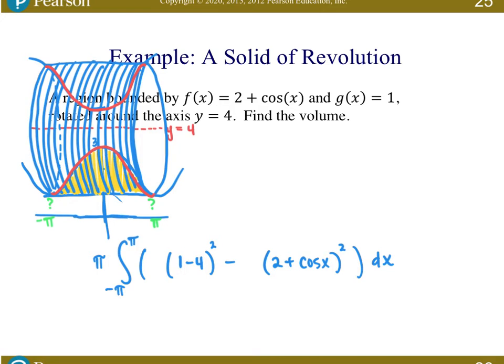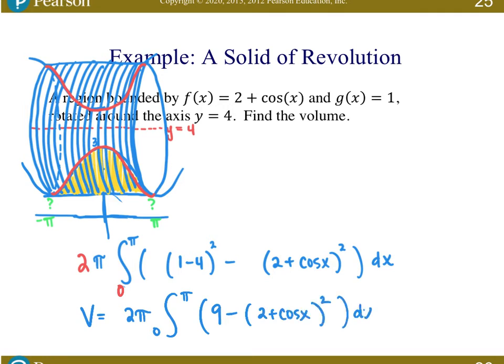So I could change my lower bound to 0 as long as I doubled my overall volume. So this could simplify to be 2 pi on the bounds 0 to pi of 9 minus the quantity 2 plus cosine of x, that quantity squared, and the whole quantity applied to the dx. So that might be a quicker, cleaner way to write that answer.